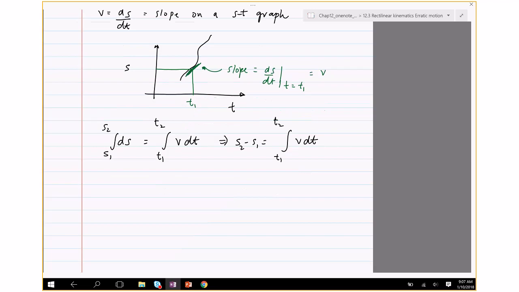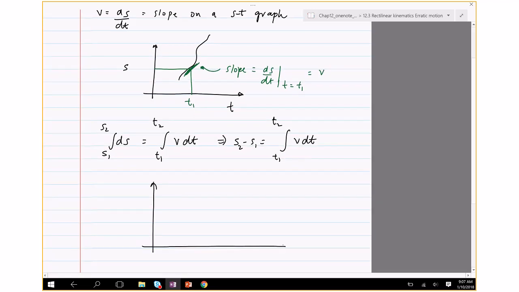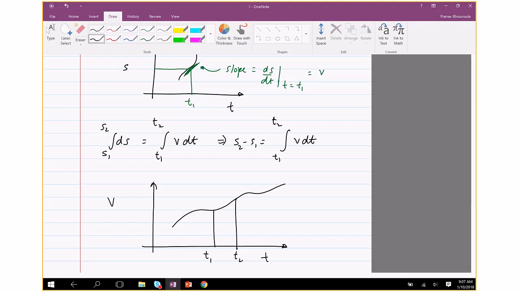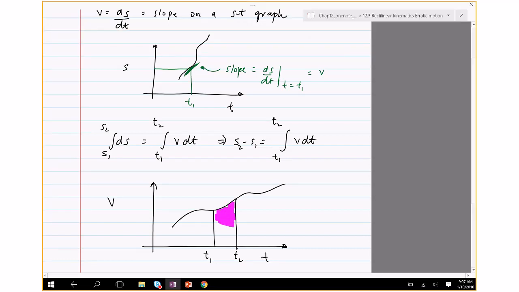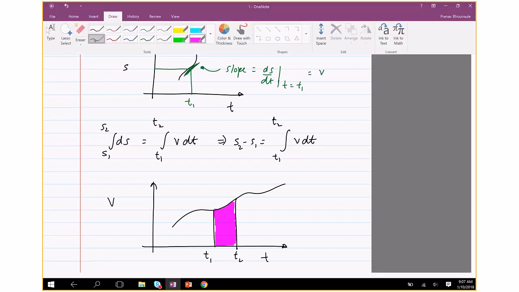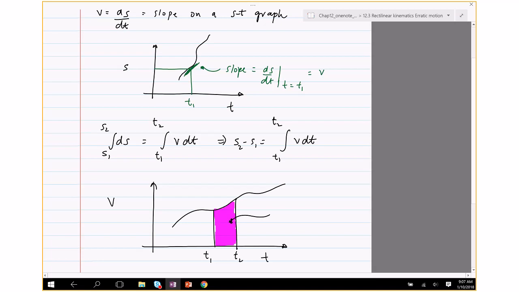So if I draw the velocity time plot, which is the same plot I drew previously, then this thing here is the integral from t1 to t2 of v dt, or the area under the v-t plot between t1 and t2.